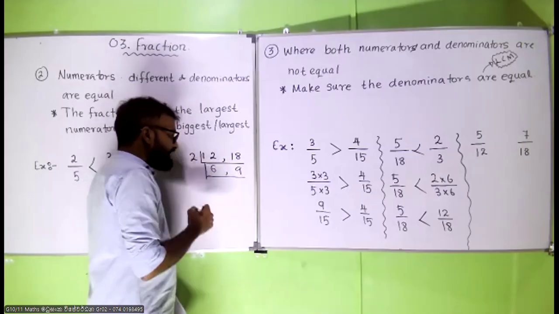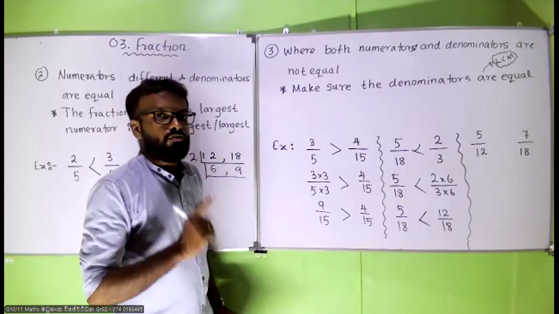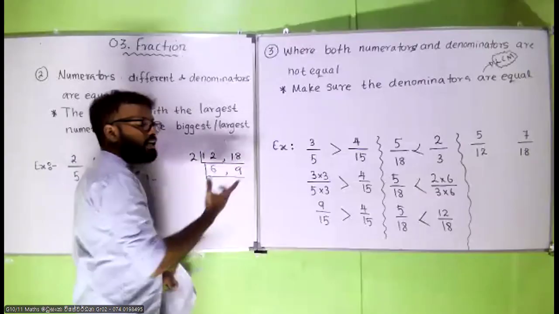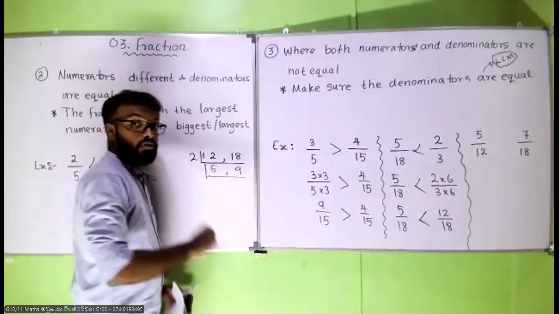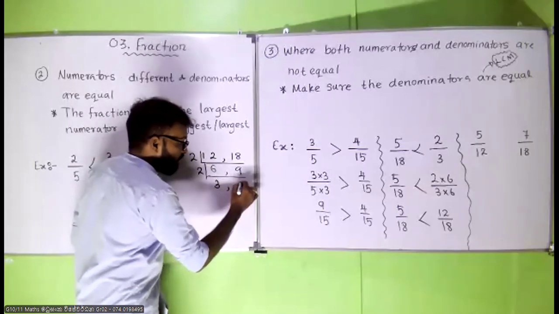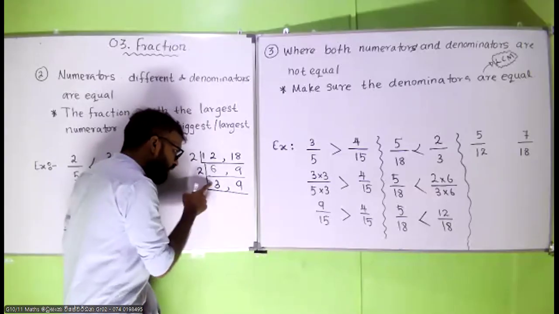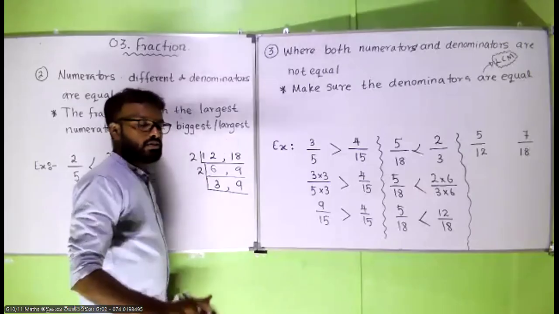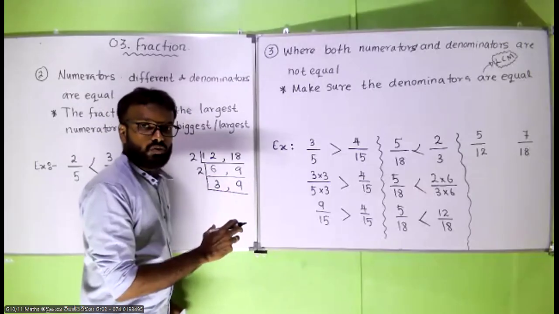Can I still use 2 to divide 6 and 9? Yes. Why? I cannot divide both 6 and 9 at once, but I can divide 6 by 2 at least. 2 times 3, 6. Now 3 and 9. Now can you use 2 to divide one of these numbers? No, you cannot, right? Because none of these numbers can be divided using 2.